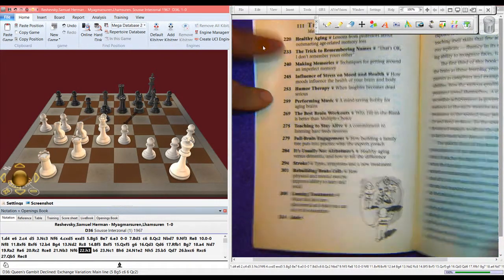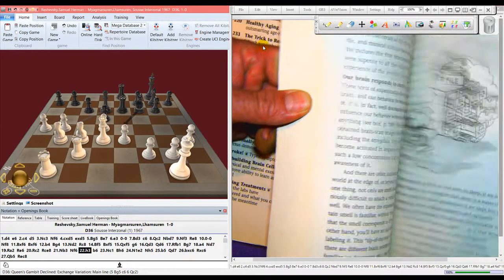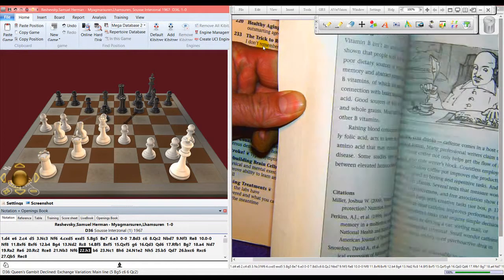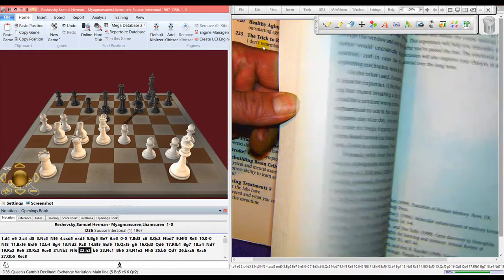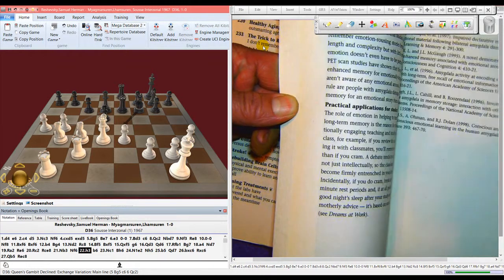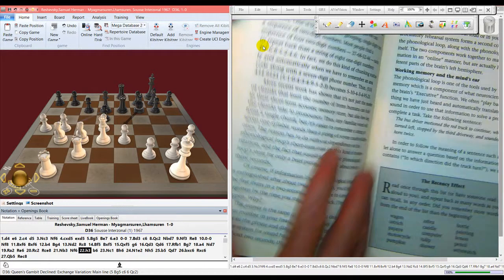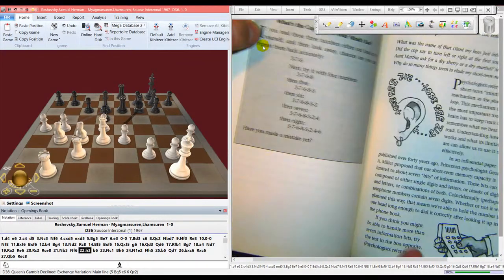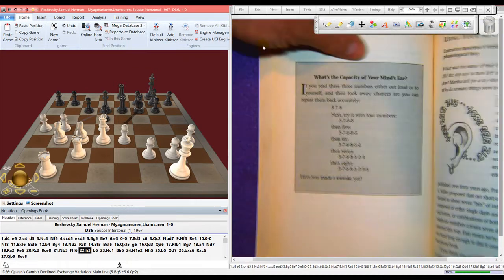And I think there's a section in here on chunking, which deals with short-term memory. It's in here somewhere. We'll find it. Oh yeah, there's this little puzzle I want you guys to see. This is neat. You'll like this.